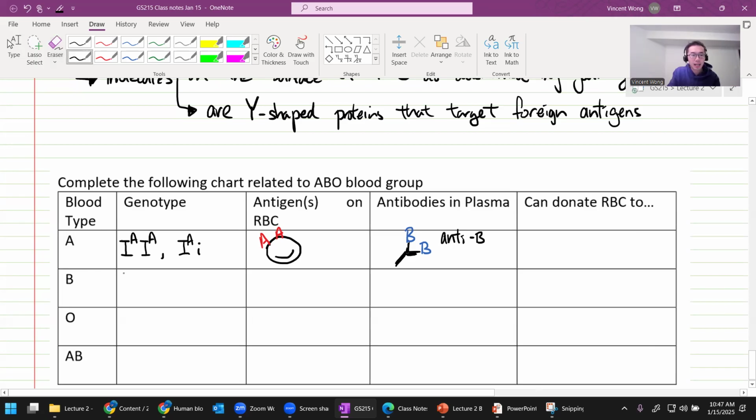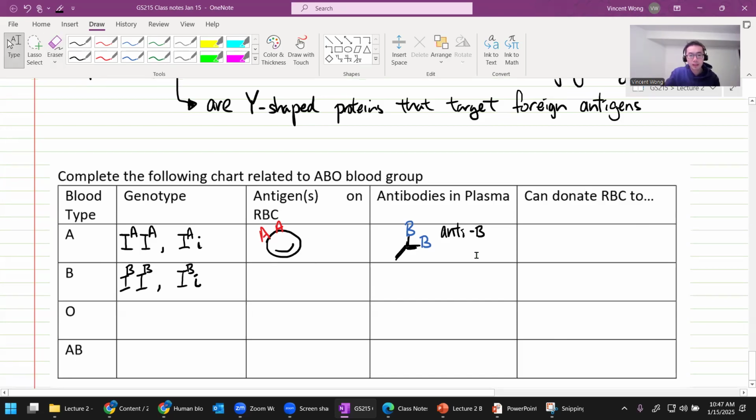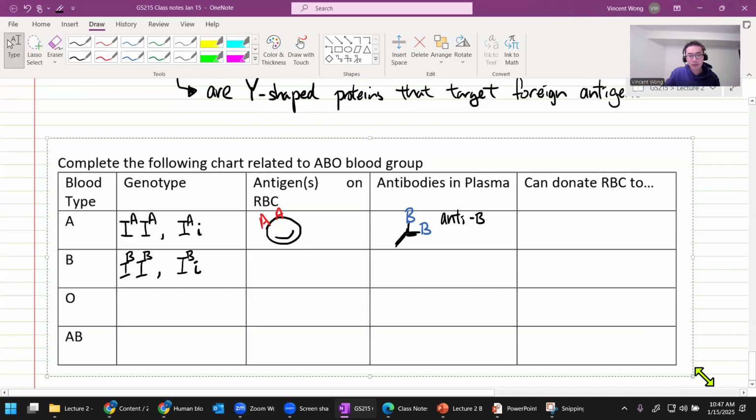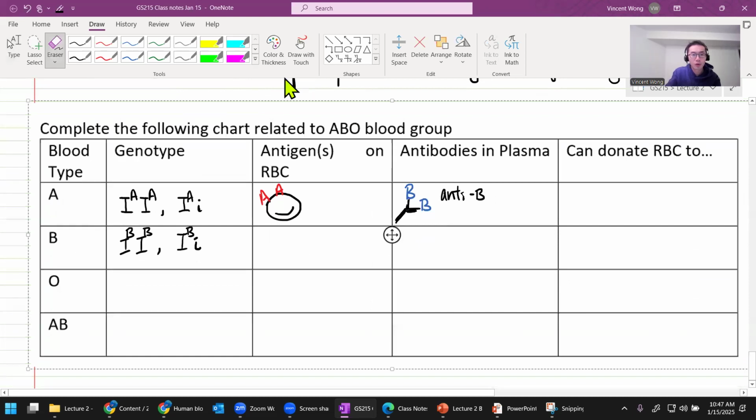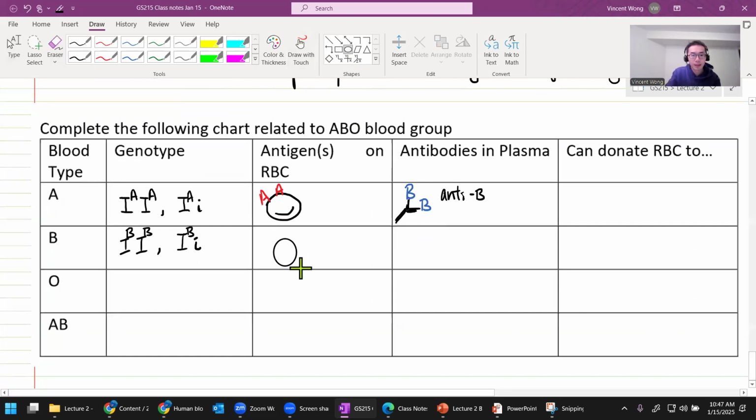All right, let's take a look at type B blood. If a person is type B blood, then they are either homozygous or heterozygous. And if you draw the red cell, what do they have on the surface? Well, the IB allele gene will allow you to have B antigen on the surface.